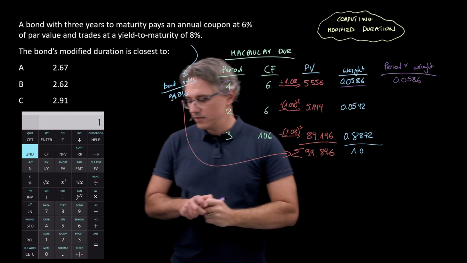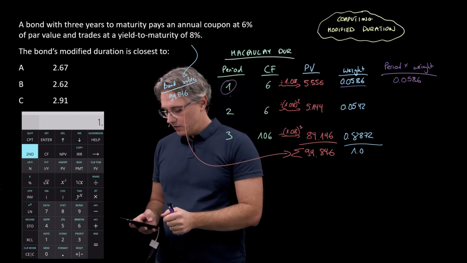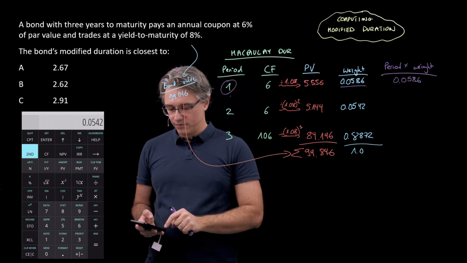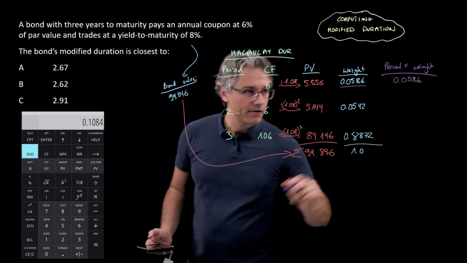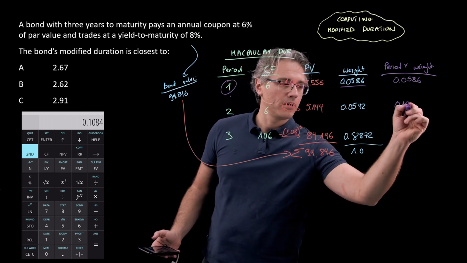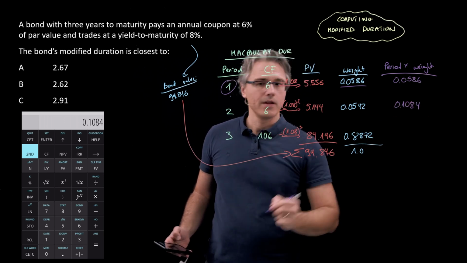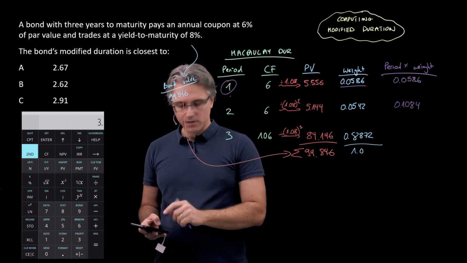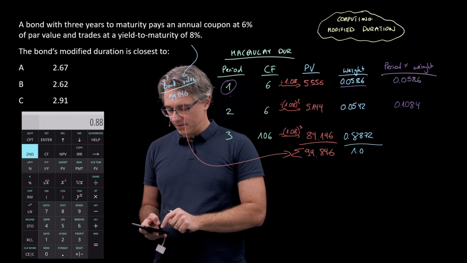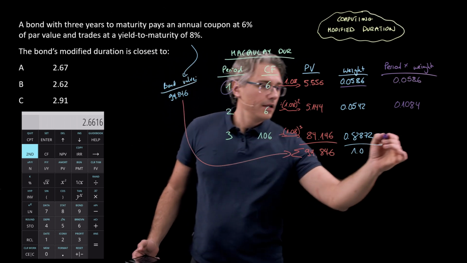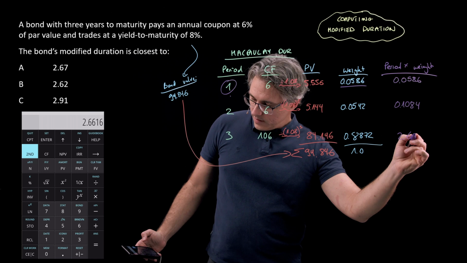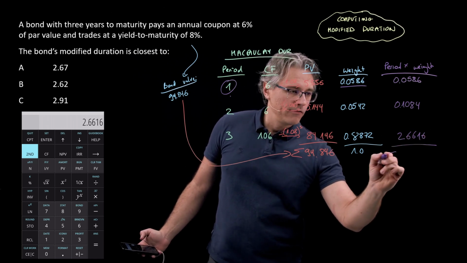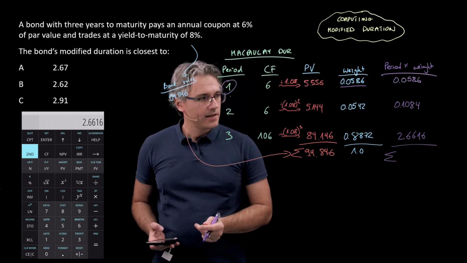Now for the second one, it's going to be 2 times 0.0542. Okay, the result here is 0.1084. And for the third one, it's 3 times 0.8872, which is 2.6616.